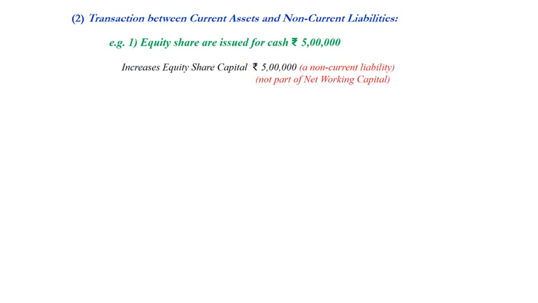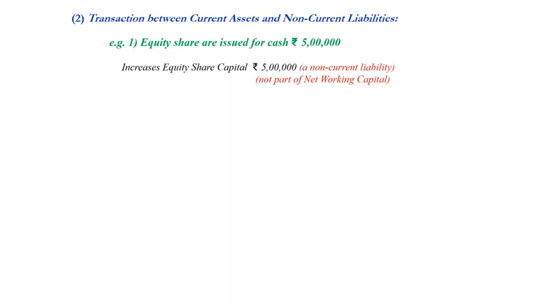If a transaction is between a non-current liability and a current asset, what will be the impact on working capital is our discussion. So this transaction increases equity share capital by rupees 5 lakhs. Equity share capital is a non-current liability. If any change is occurring in non-current liability, it won't affect working capital. We know that working capital is the difference between current assets and current liabilities. This increase in equity share capital, a non-current liability, will not affect either current asset or current liability.